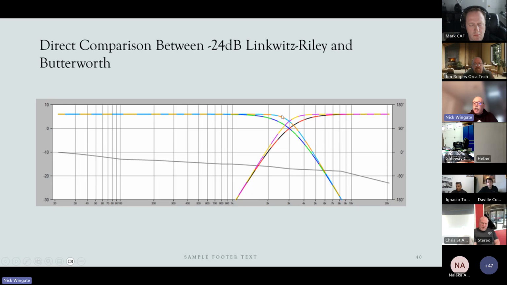When these two come together and you listen to it, and I encourage everyone, sit in the cars, use your hearing, and just listen to the difference in the way the speakers sound using a Butterworth or a Linkwitz-Riley. Use a -12 and use a -24 and listen to how they sum.